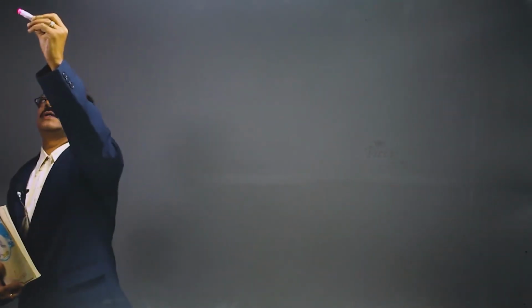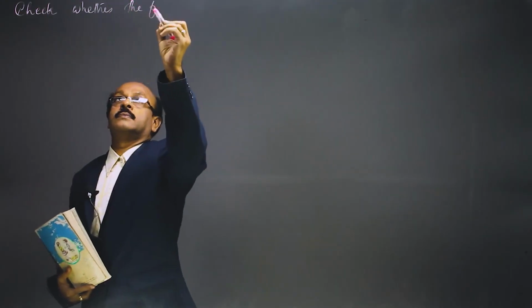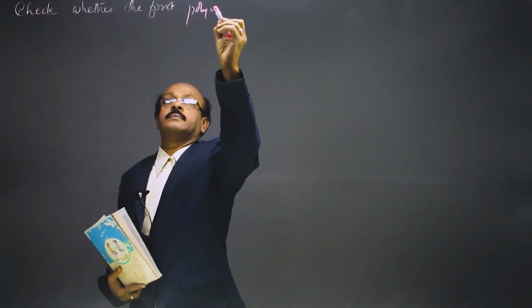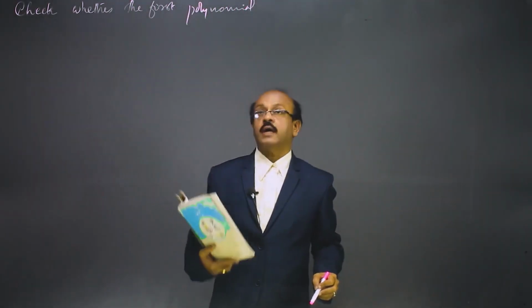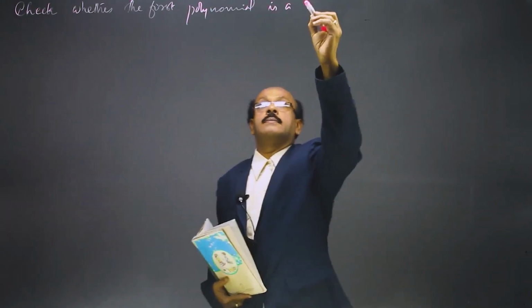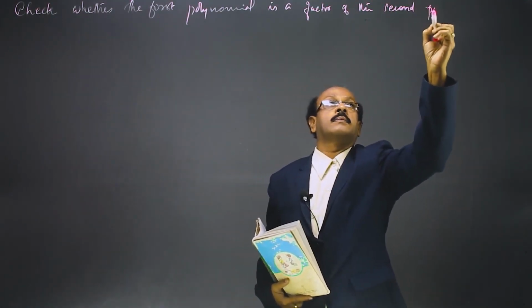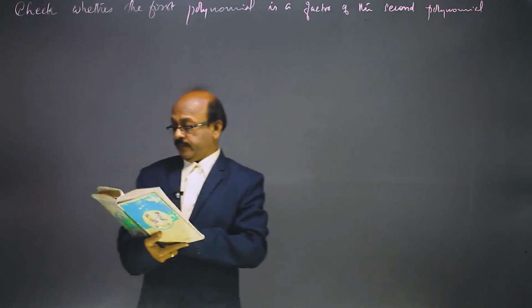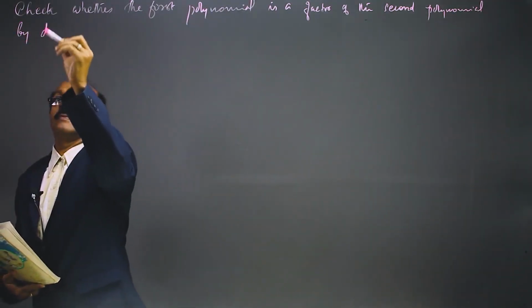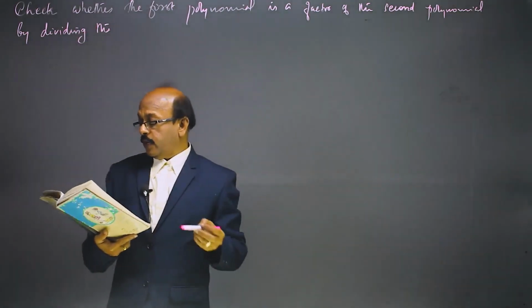The question is, check whether the first polynomial is a factor of the second polynomial by dividing the second polynomial by the first polynomial.